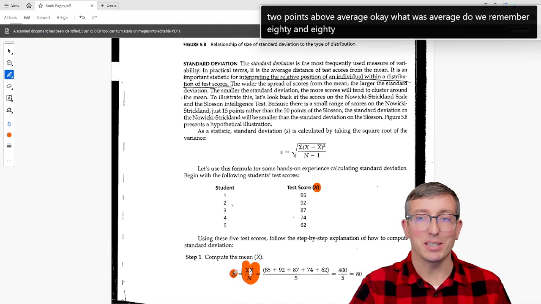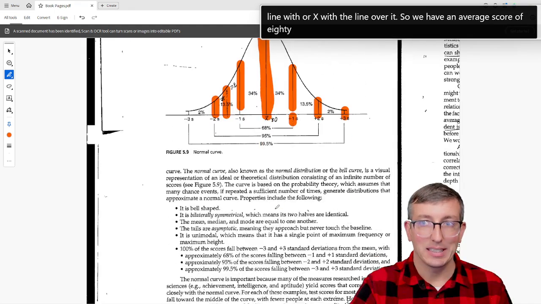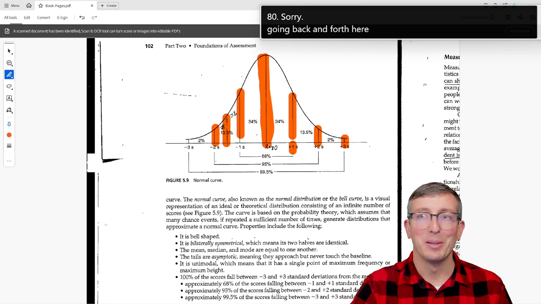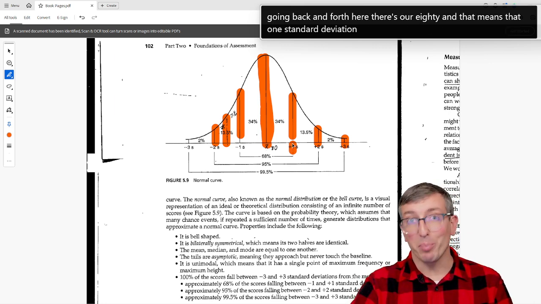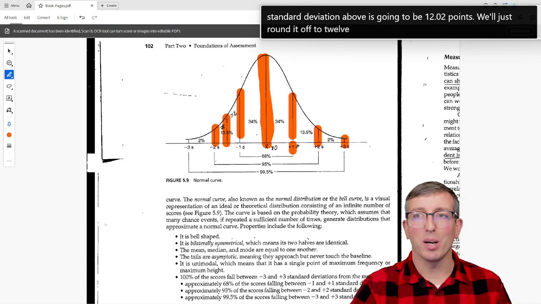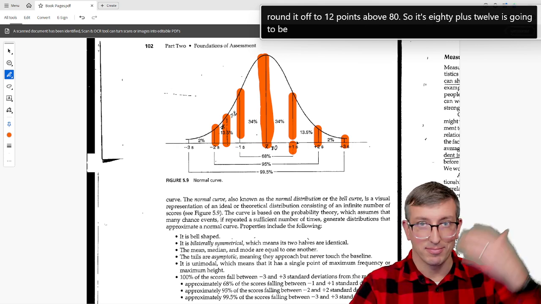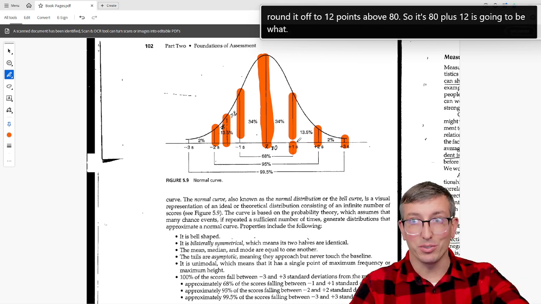And 80 is represented by this X with a line over it. So we have an average score of 80. That means that one standard deviation above is going to be 12.02 points. We'll just round it off to 12 points above 80. So 80 plus 12 is going to be what? 92, right?